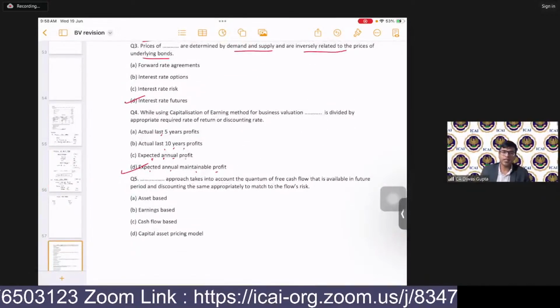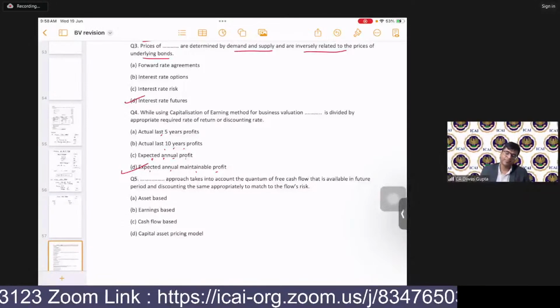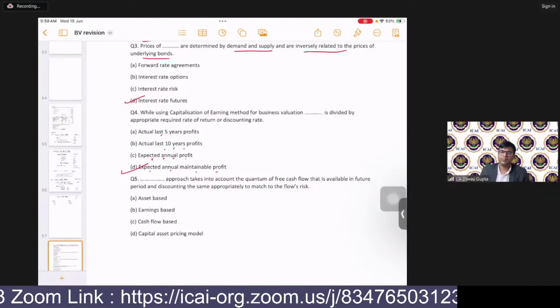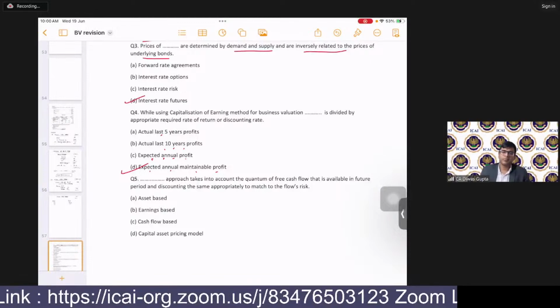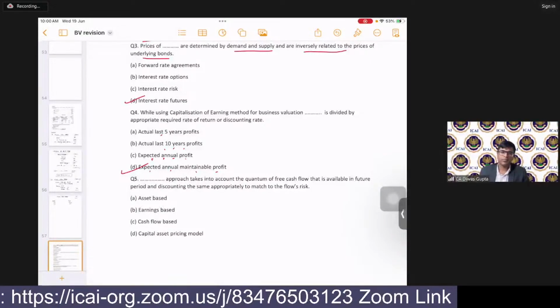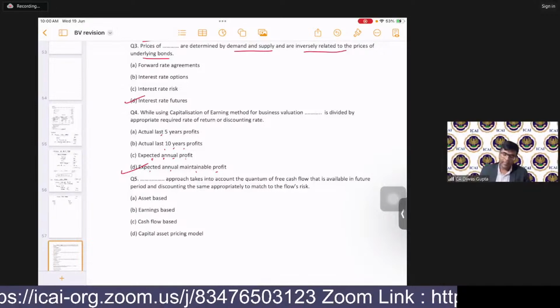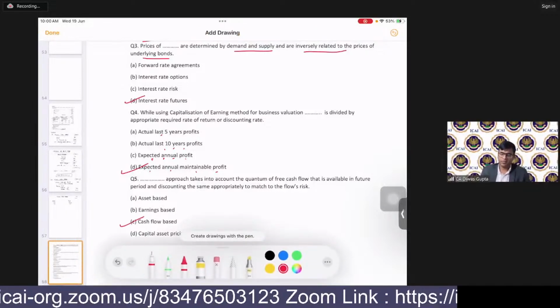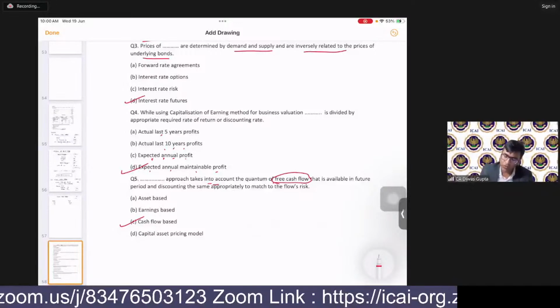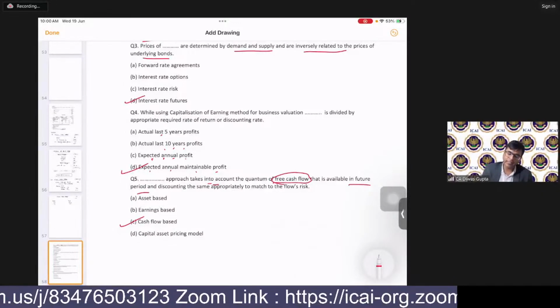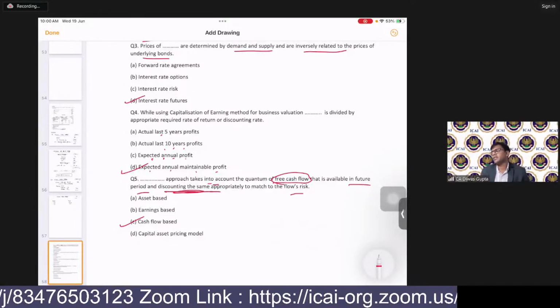Just check it again. So the correct answer is cash flow based, because the cash flow based approach takes into account the quantum of free cash flows that is available in future and discounts the same appropriately to match the cash flows' risk.